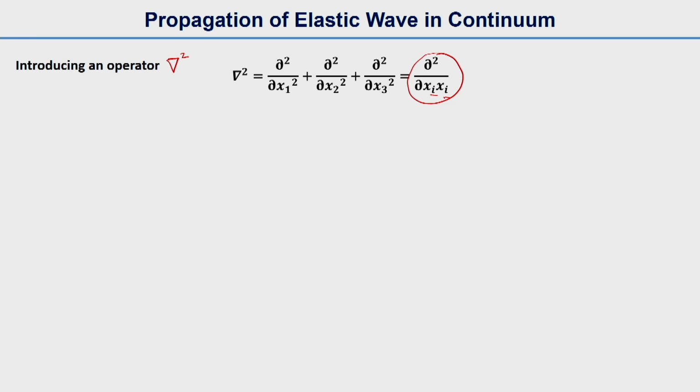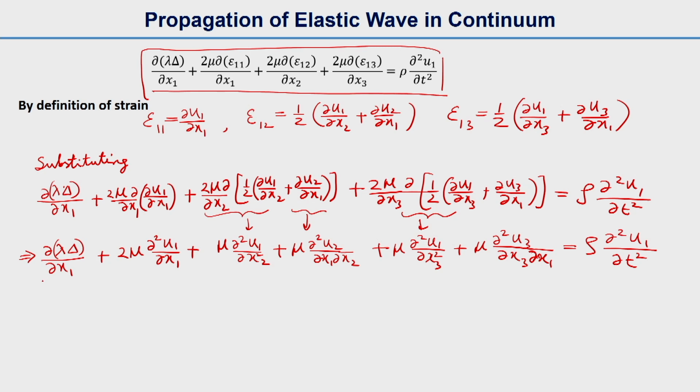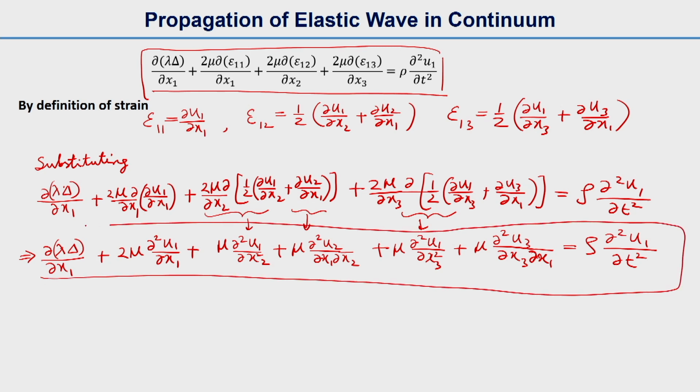So this repeated index shows summation. We can discuss this later if time permits, but we will work without this indicial notation. So in the previous slide we ended up with this one, and we'll start from there.